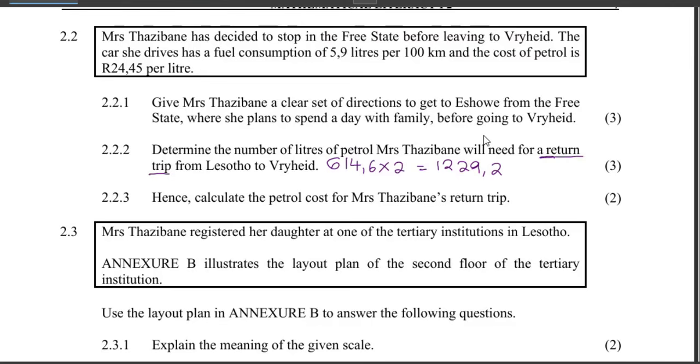So if every 100 kilometers it consumes 5.9, what do we do? We divide by 100, then multiply by 5.9 for every 100. When we divide by 100, we get 12.292 times 5.9.